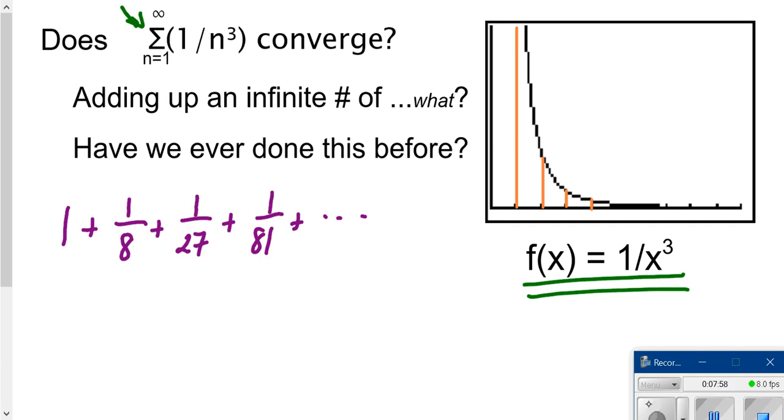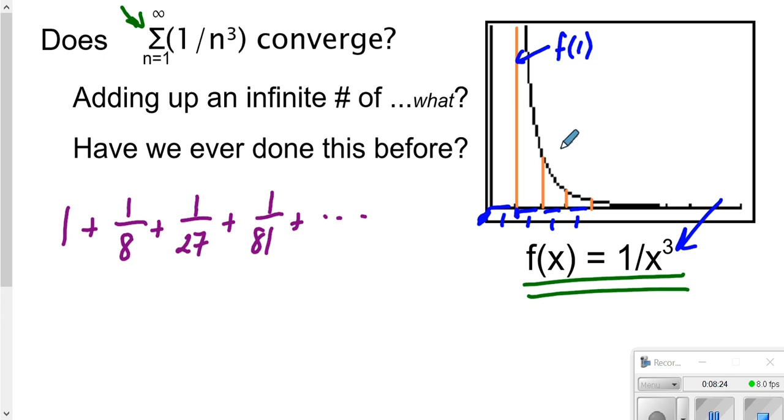Well, if I think about this graphically, I could make a connection and say, this is also just like taking rectangles that are 1 unit wide and then finding the heights of rectangles on this function. Because if this is at x equals 0 here, and this is at x equals 1, then this line would represent the function value at 1, and this would be the function value at 2, and this would be the function value at 3.